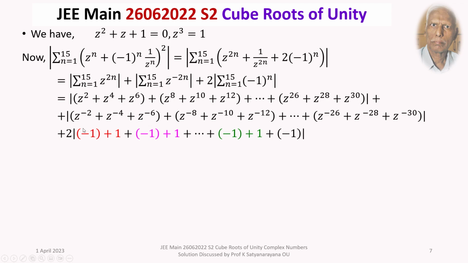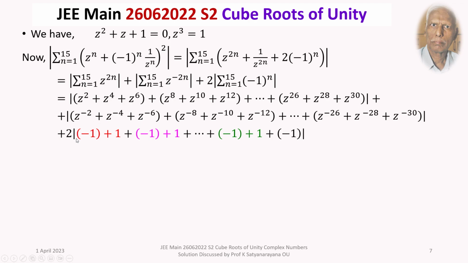So when n is 1, minus 1. When n is 2, plus 1. When n is 3, minus 1. When n is 4, plus 1. So on and so forth: minus 1, plus 1, minus 1, plus 1, like that. 7 brackets you will get, each bracket consisting of 2 terms, minus 1, plus 1, and for n is equal to 15, minus 1.